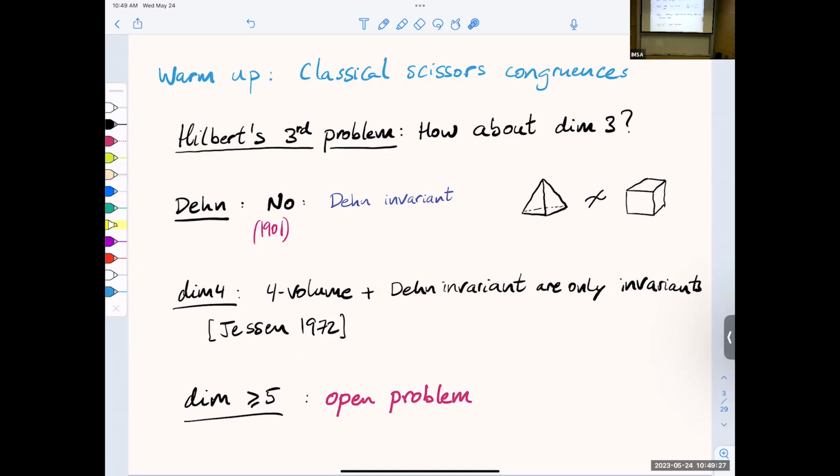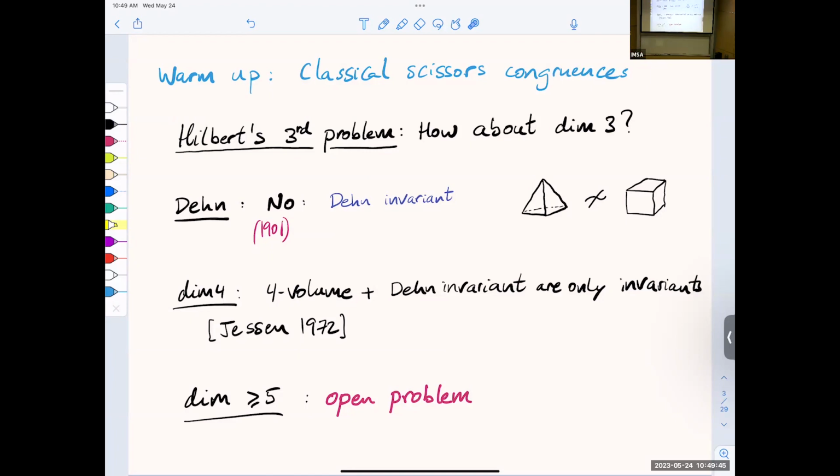And the question was, well, if I have just polygons, I know that the area is the only cut and paste invariant. But if I have polyhedra, is volume the only cut and paste invariant?